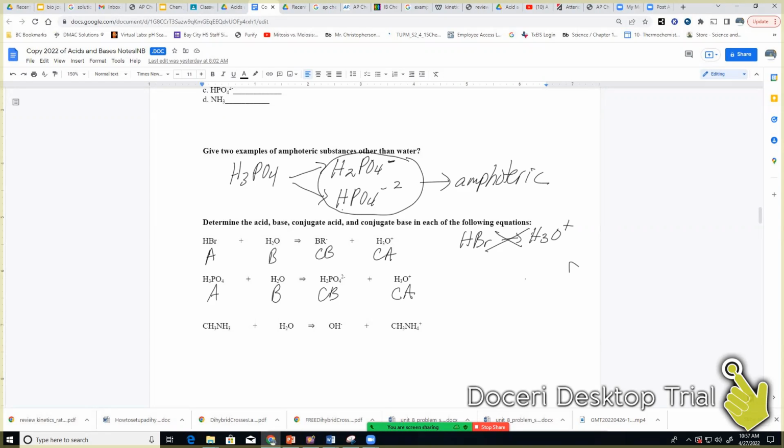And once again, if I ran this reaction in reverse, now that water has an extra hydrogen, it is hydronium, so it could donate and this one would accept. So that's why they become the opposites. And my last one, CH3NH2, B. And here my water is acting as an acid. So it loses a hydrogen and this becomes its conjugate base. And this would be my conjugate acid.